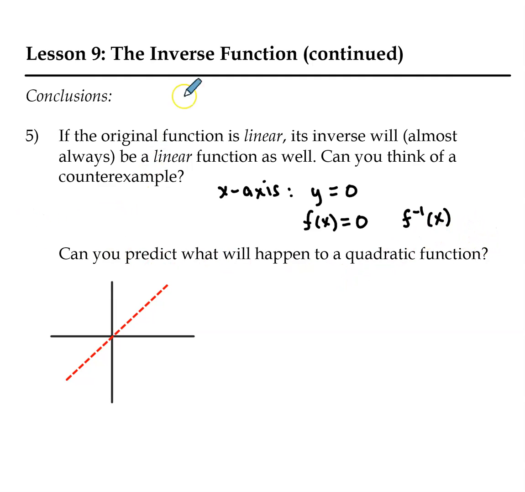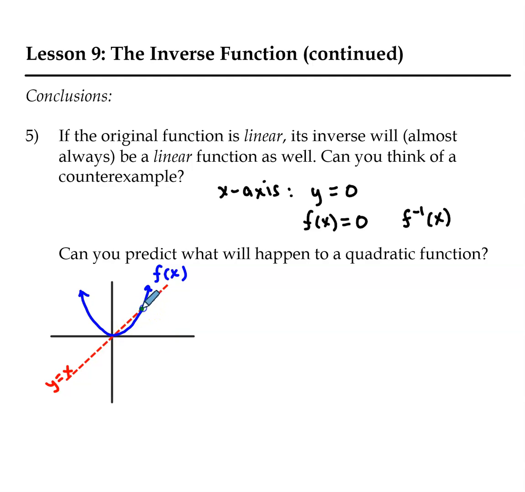Let's consider a quadratic function, and let's call it f at x. If we reflect our parabola in the line y equals x, then we're going to identify its inverse. Let's do that.